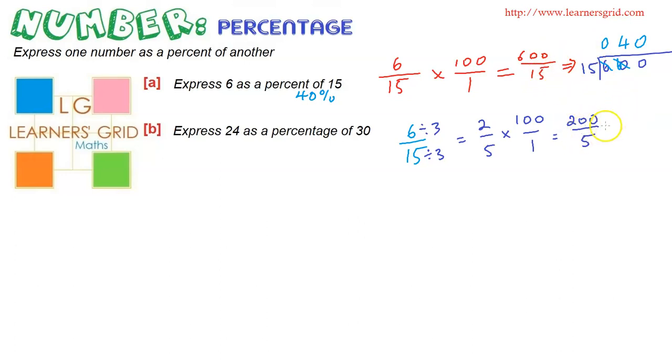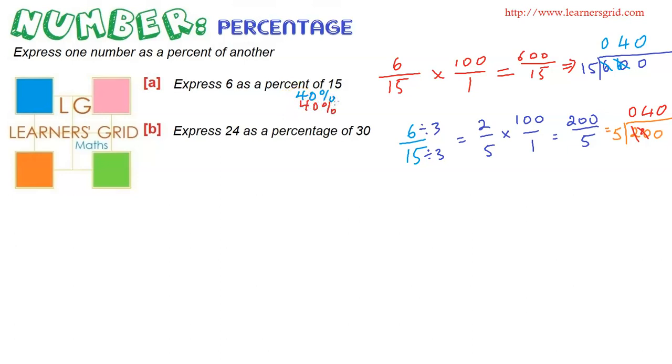And that might be a little bit easier. So 5 into 2, well, that's not happening, so that's 0. Carry the 2 over to the next number. So 5 into 20, that's 4. Nothing left over. 5 into 0, 0. So 40%.